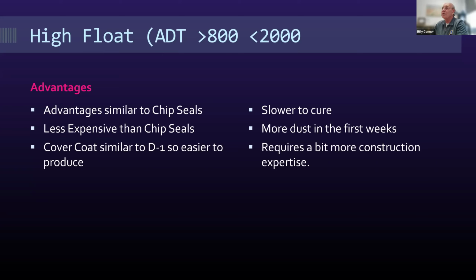But the nice thing about it is the cover coat is D1 instead of chips, or very similar to D1. We actually remove a little bit more of the fines out of it, and it works out very well because of that. You have to be a little bit more careful. It's a little bit slower to cure. It does produce a little bit of dust in the first few weeks, which some people complain about, and it requires a little more expertise.